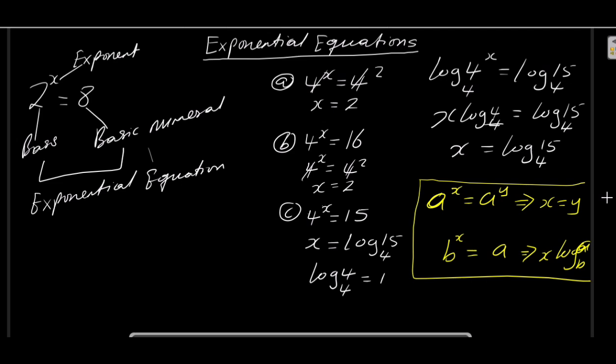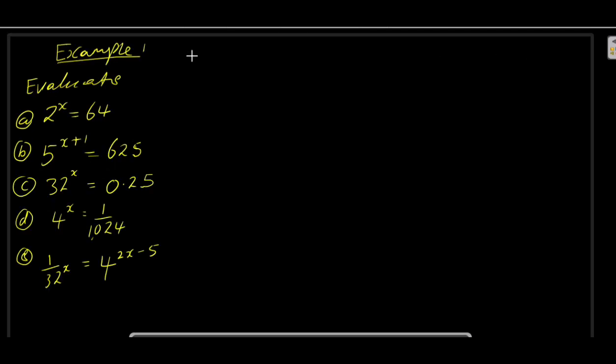Now let's solve enough examples on exponential equations. Alright, the first question says evaluate 2 raised to the power of x equals 64. If you take a look at this question, the bases are not the same, so all we need to do is to make the bases the same.